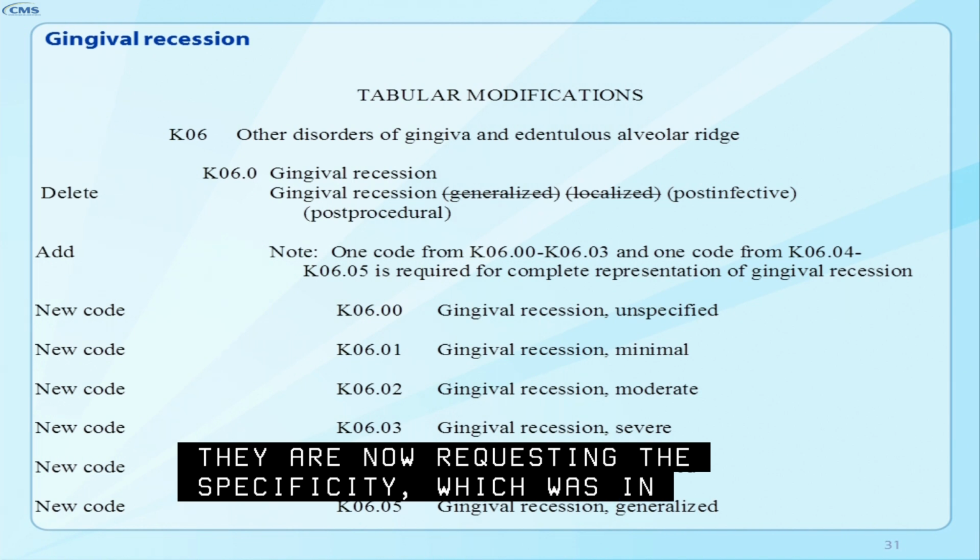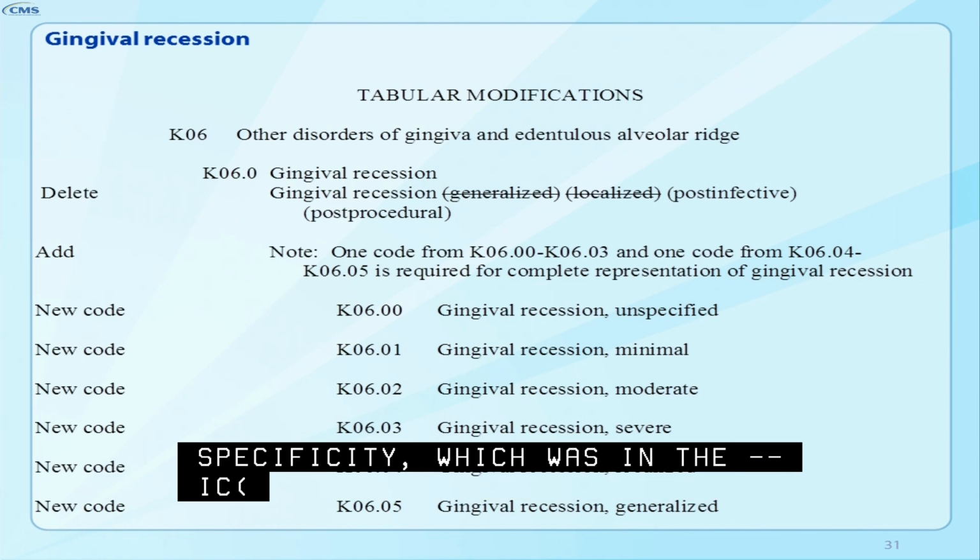The proposed tabular modifications are at category K06, other disorders of gingiva and edentulous alveolar ridge.